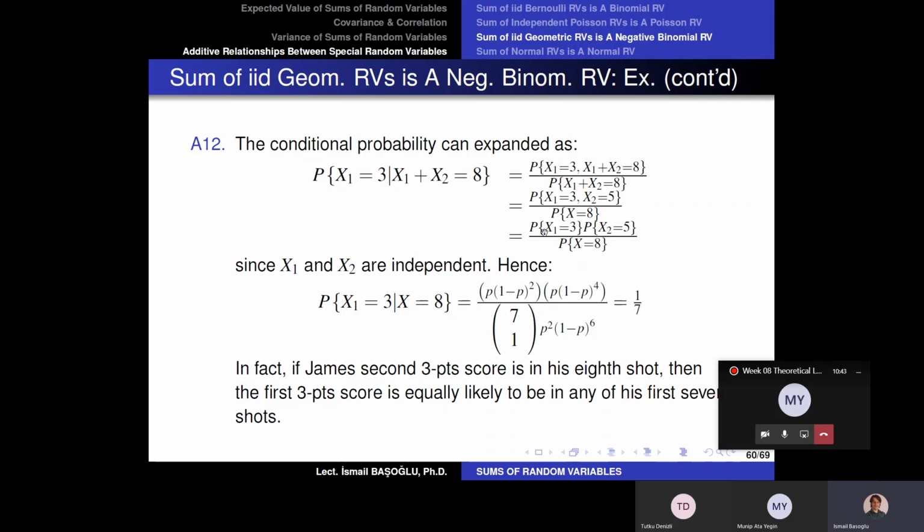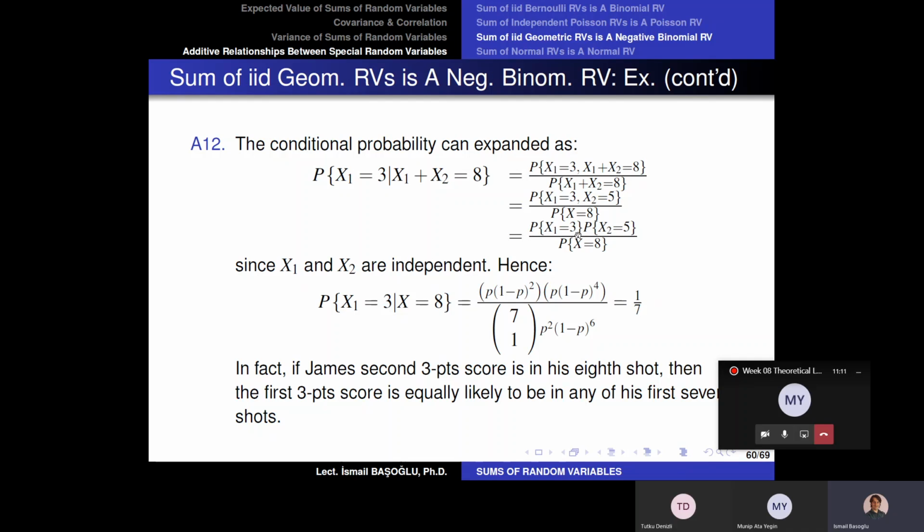Therefore, we write the probability of X1 equal to 3 times the probability of X2 equal to 5, and in the denominator we have the probability of X equal to 8. Now, the rest is basically using the probability mass functions of the geometric random variables in the numerator, and in the denominator, we use the probability mass function of the negative binomial random variable.